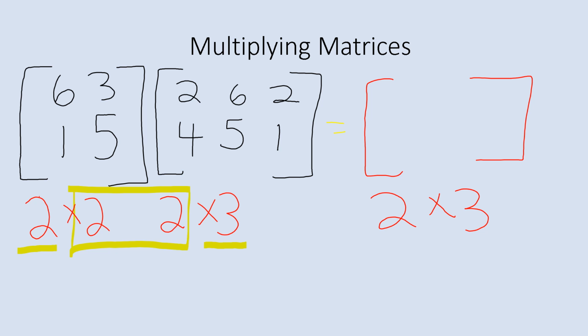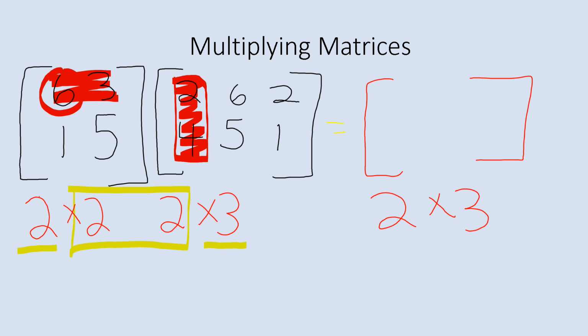So first, we are going to be multiplying the first row by the first column. So 6 times 2 is 12, plus 3 times 4, which is 12, and that's going to give us a total of 24 as our first number here.